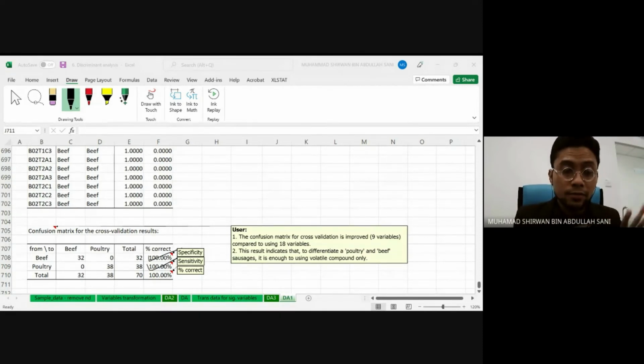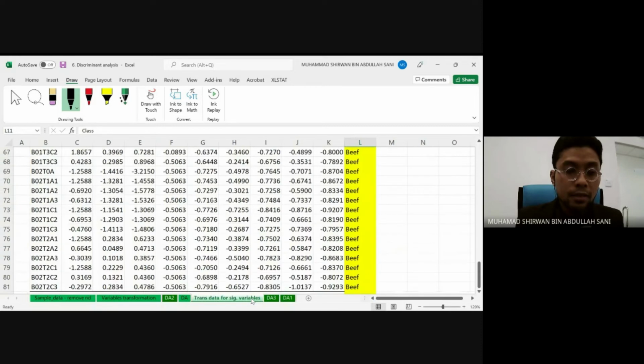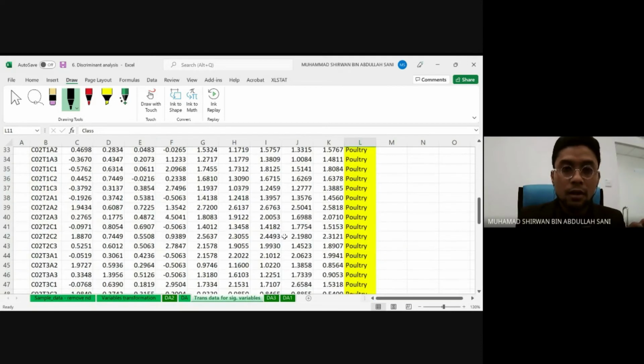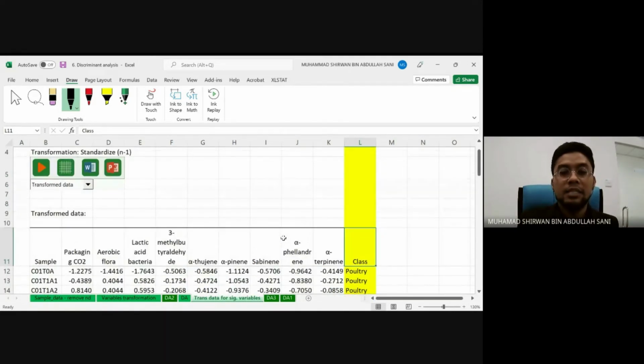If we get cross validation 100%, training data set also 100%, that will indicate your discriminating model is the best discriminating model for now. And this data shall be kept as your database. So we have reached the end of application of discriminant analysis for today's session.